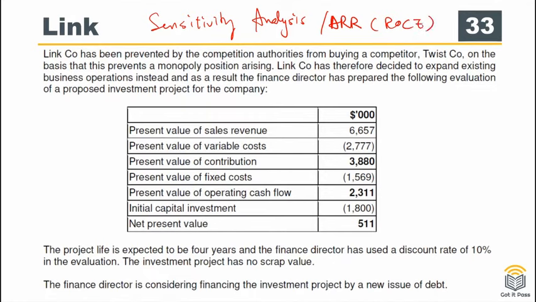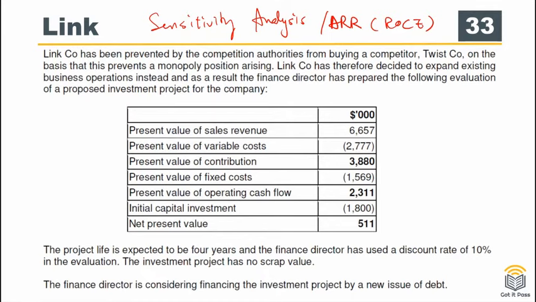This company, Link, has been prevented by the government from buying a competitor because the government would like to prevent a monopoly position, and the company decides to expand the existing business operations. And the finance directors have prepared the following evaluation of the proposed investment project for the company.